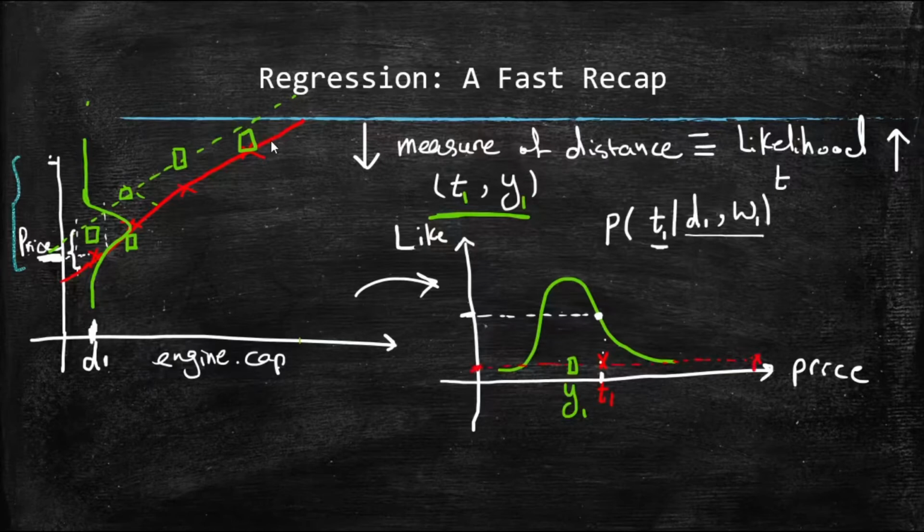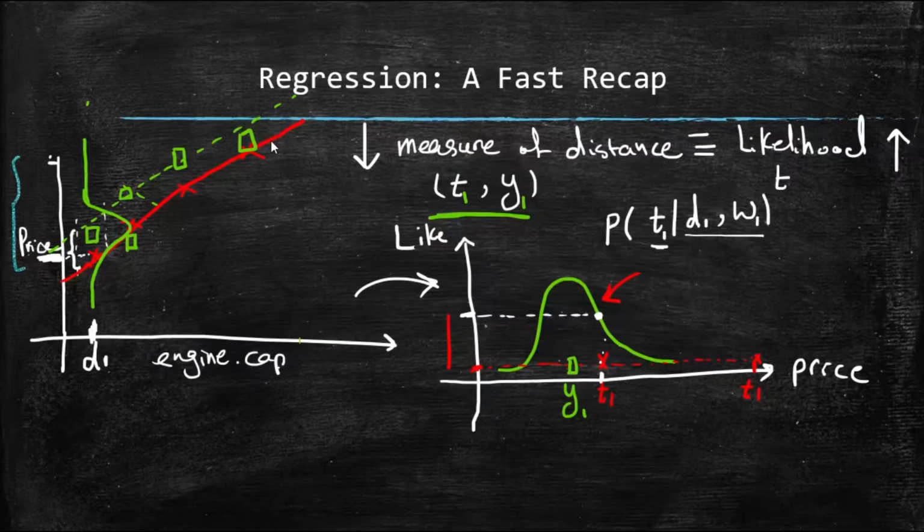So if this was my ground truth, if this was my t1, and I were to claim that this is the Gaussian that is going to generate this ground truth, I would get a much lower number. You see, there's a very big gap here. But now I have learned better, and this Gaussian over here is far more likely to generate my t1.